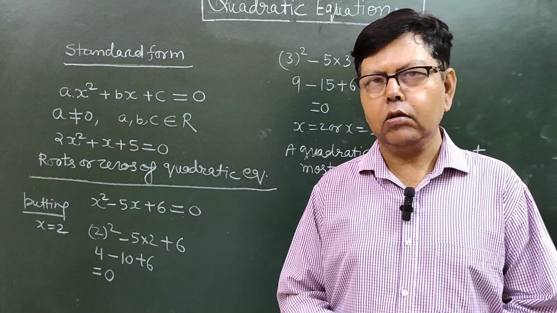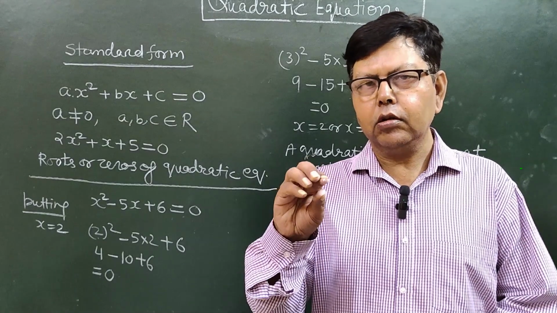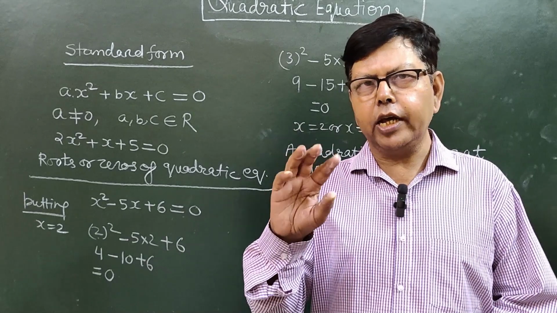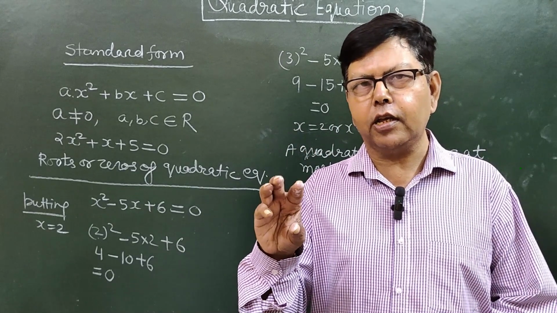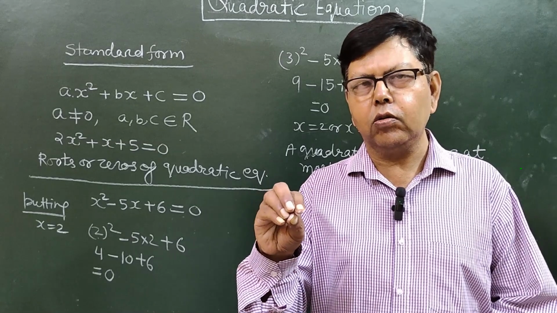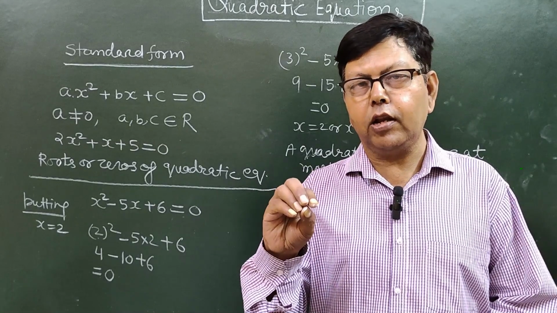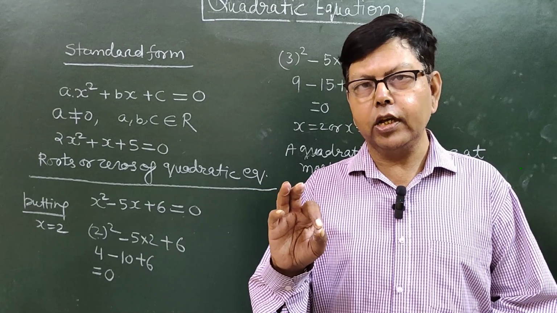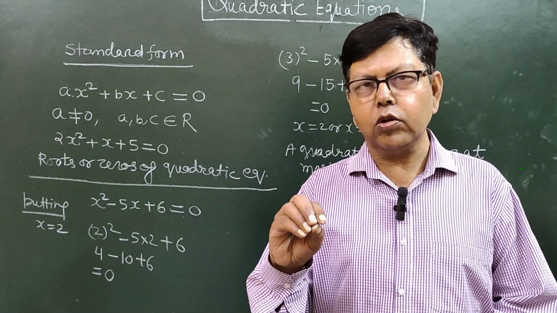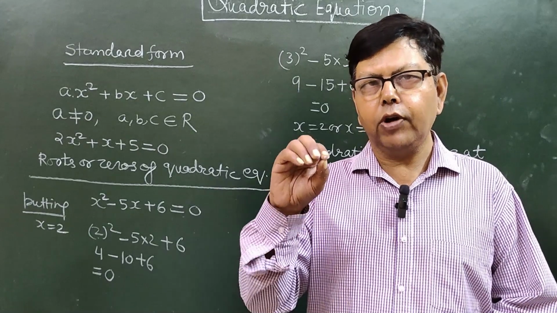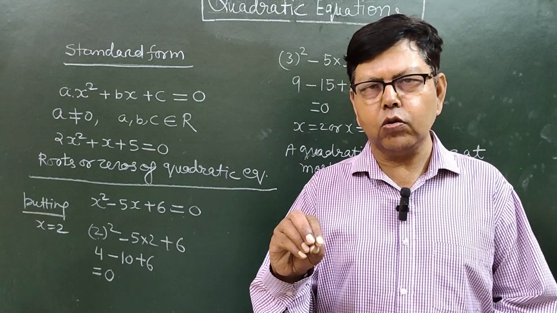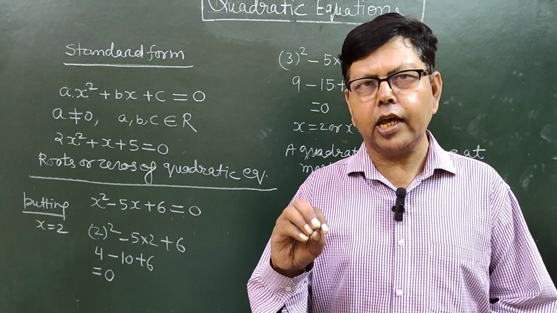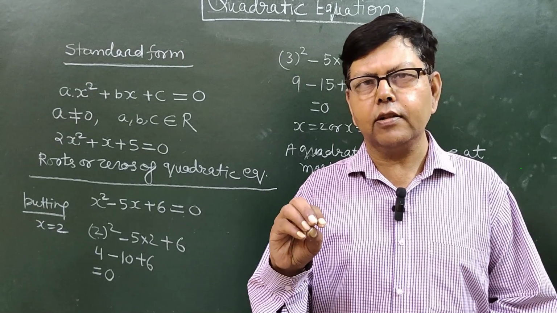Because there can be two same values, that is, one real zero. There can be no real value which satisfies the equation. In that case, no real zero. And there can be two real values which satisfy the equation. Then in that case, it has two real zeros. So the quadratic equation can have no real zero, one real zero, or two real zeros. So we can say a quadratic equation can have at most two real zeros.